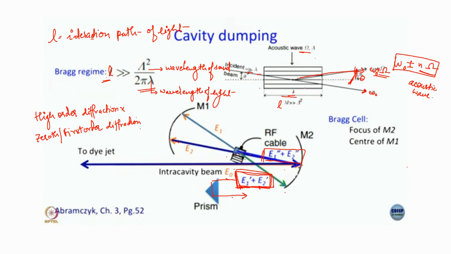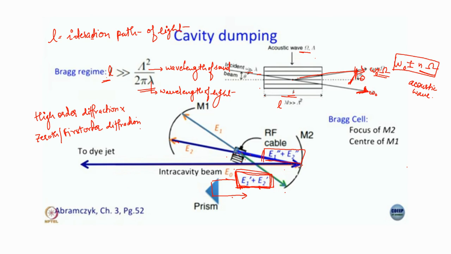Also, if you talk about the Bragg cell, whenever the light beam of intensity I naught, or E naught as the electric field vector, passes through the Bragg cell, it gets split into two beams.